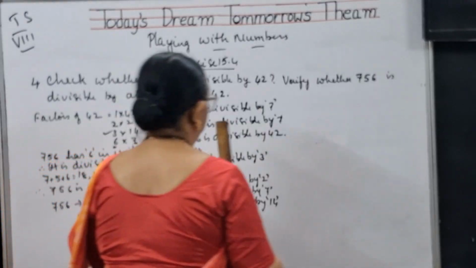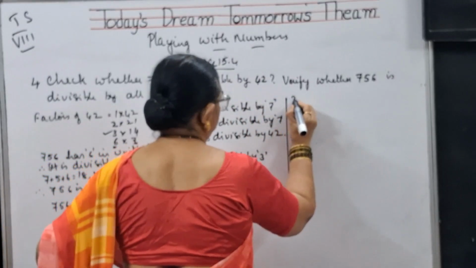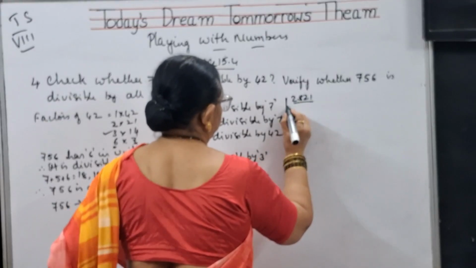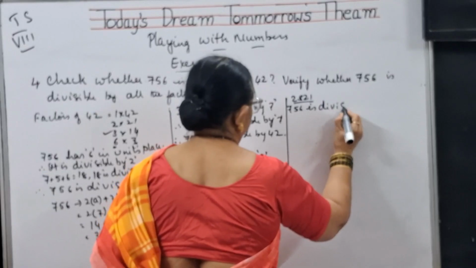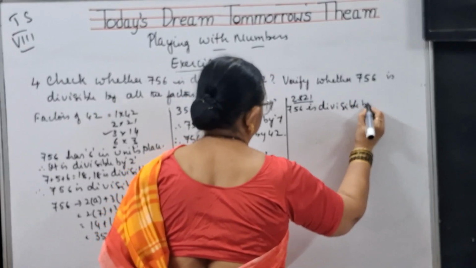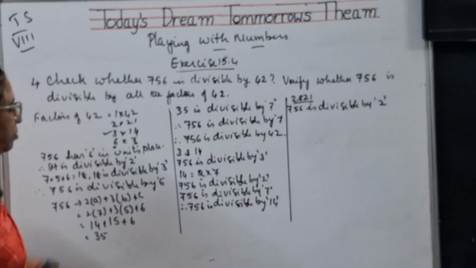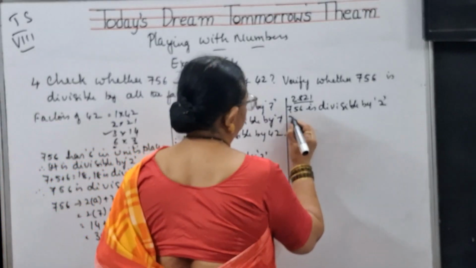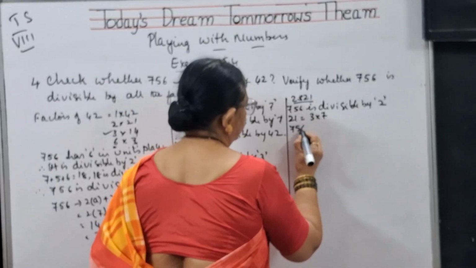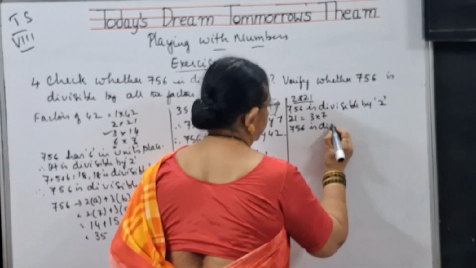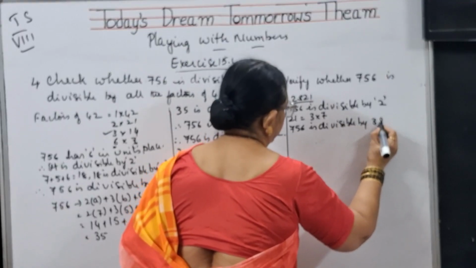Now, 2 and 21. 756 is divisible by 2. Already we have proved it here. And 21 means its factors are 3 into 7. 756 is divisible by 3 and 7.